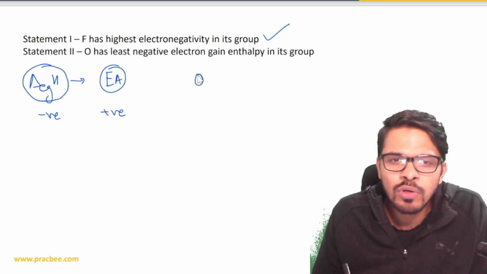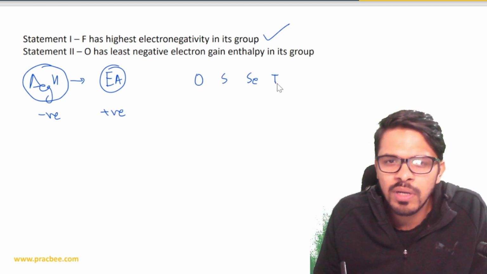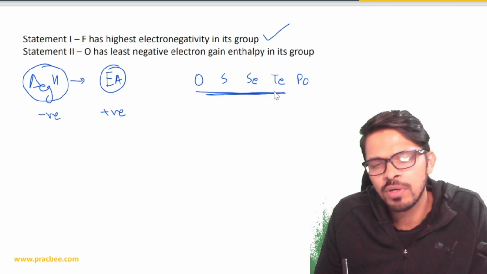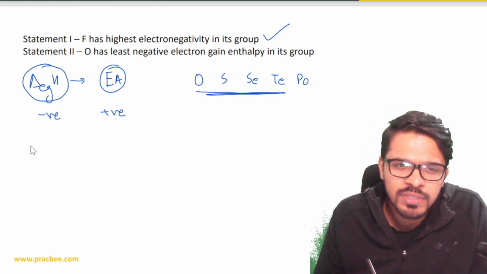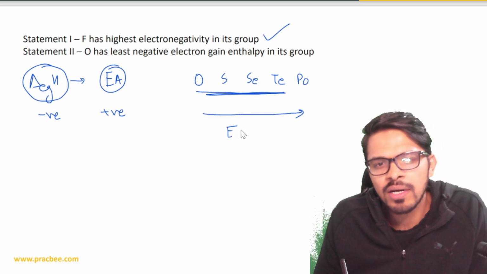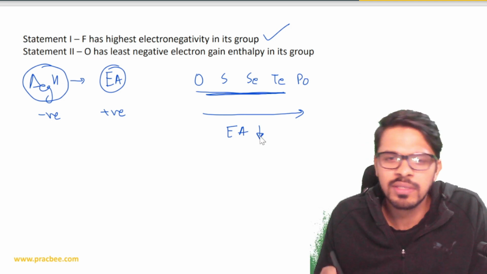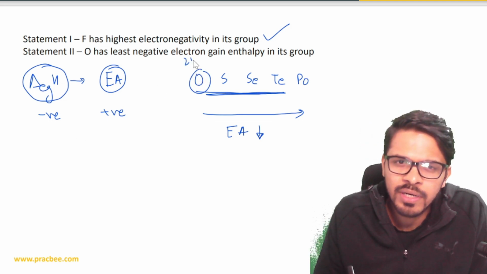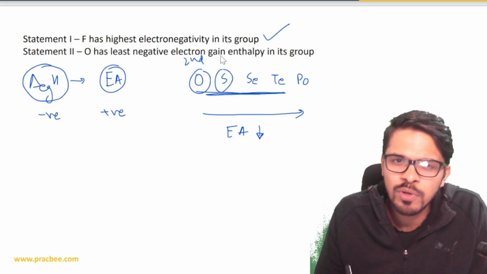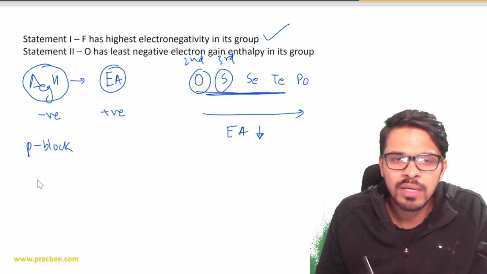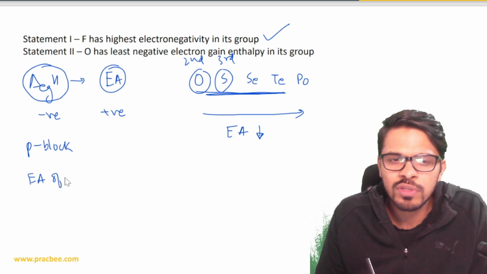If we talk about oxygen, sulfur, selenium, tellurium, polonium, let us just talk about oxygen, sulfur, selenium, tellurium. What do we see? Usually as we go down the group, electron affinity decreases. But oxygen belongs to the second period and sulfur belongs to the third period. For p block elements, we have seen that the electron affinity of the third period is more than the second period.